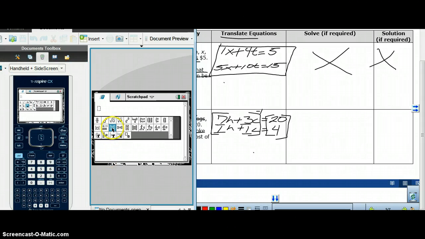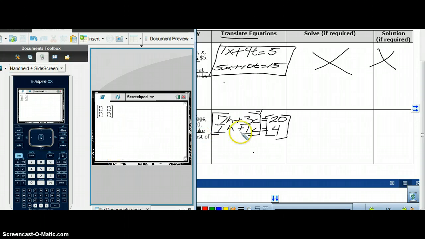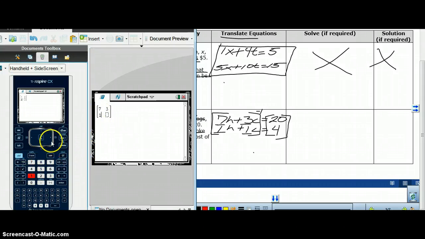That's what we're going to use first because our coefficients make up 2 rows and 2 columns. So we want to click on that one, and we're just going to put the numbers in there. So that means we're going to put 7 in there, we're going to put 3 in there, that's our first row. And then we're going to put 1 in there, and then the other 1 in there.